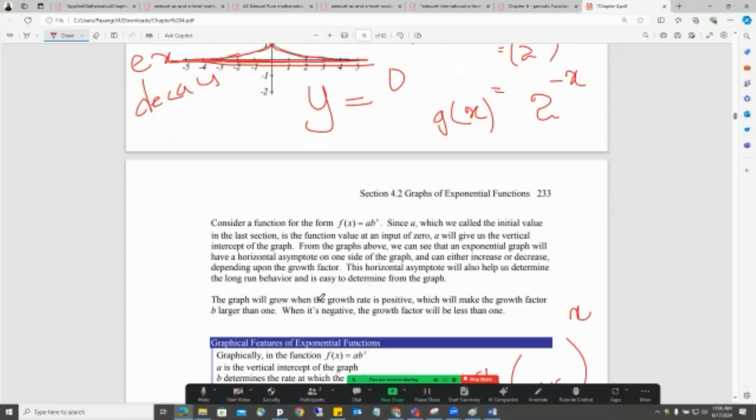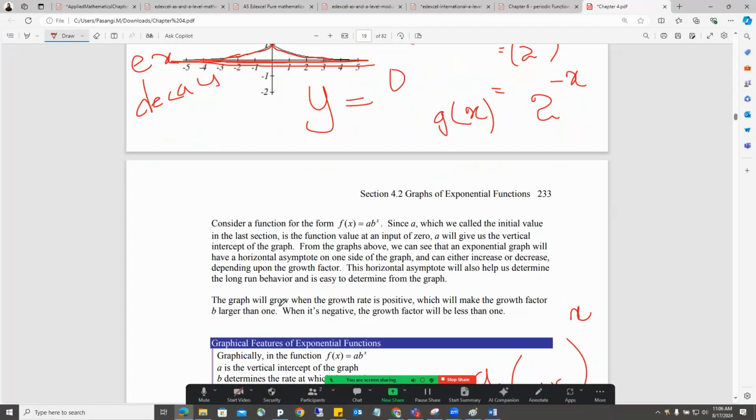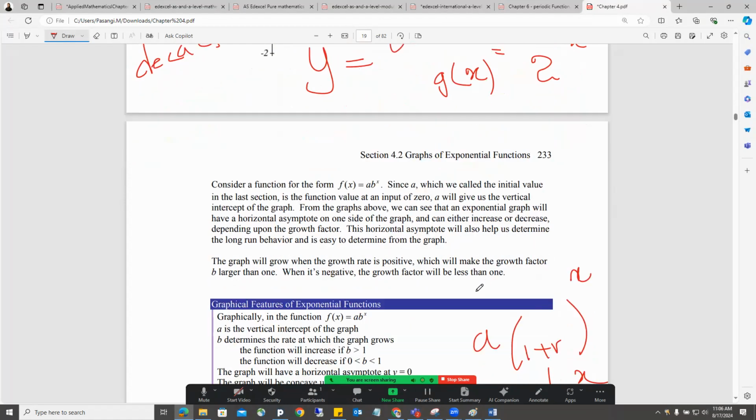The graph will grow when the growth rate is positive, which makes the growth factor larger than 1. When it's negative, the growth factor will be less than 1.